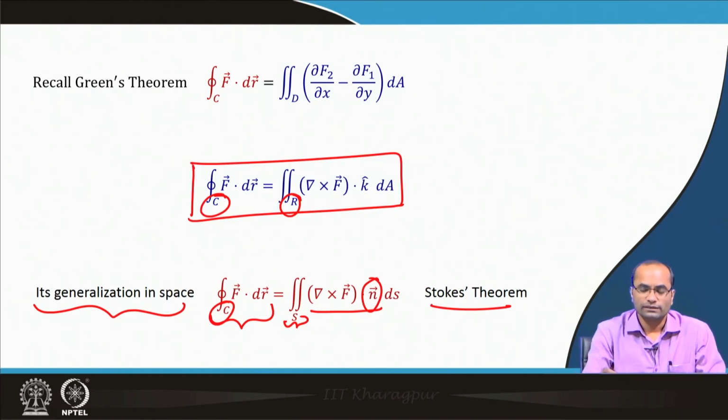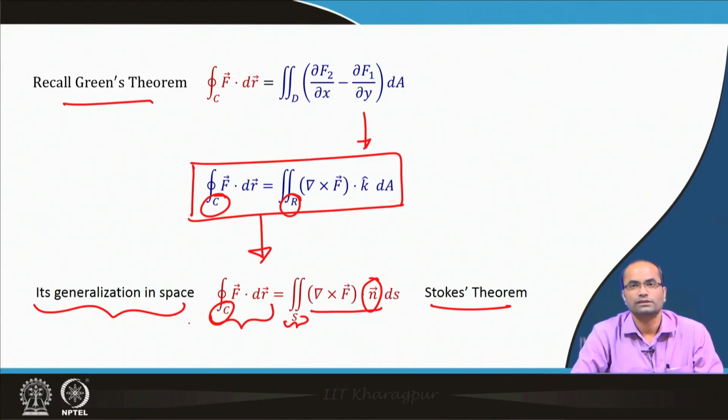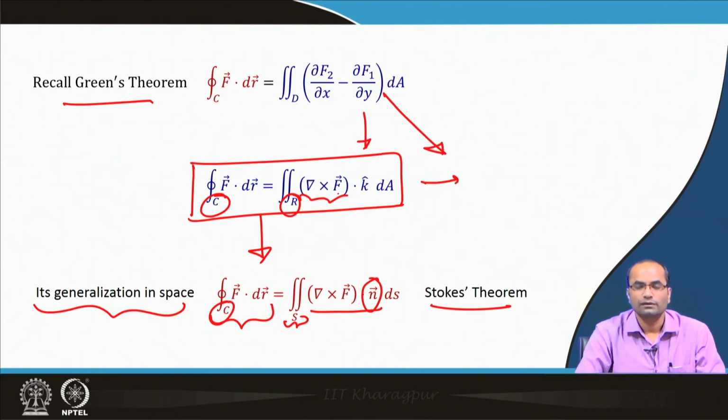Now, this is one form of writing Green's theorem, where the generalization was trivial to observe. What we will do now is rewrite Green's theorem in another form. Instead of the curl, we will use the divergence, and from that form written in terms of divergence, we can extend to another result, which is called the divergence theorem.